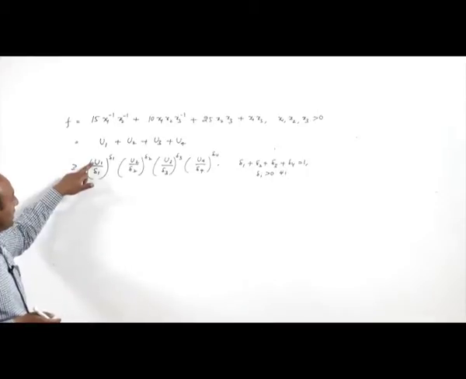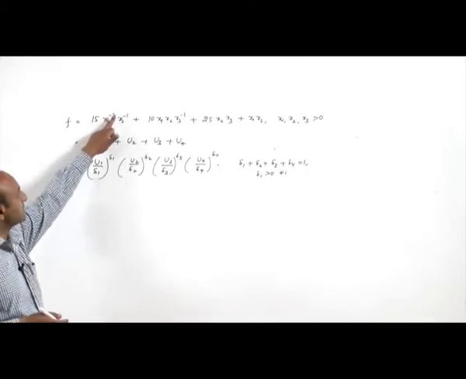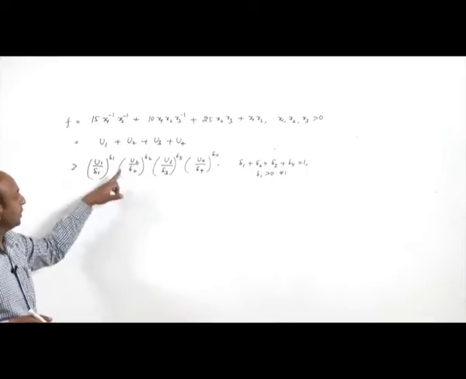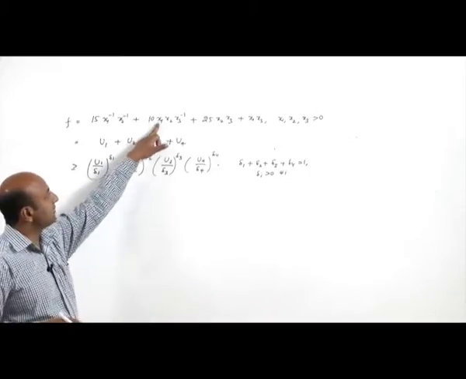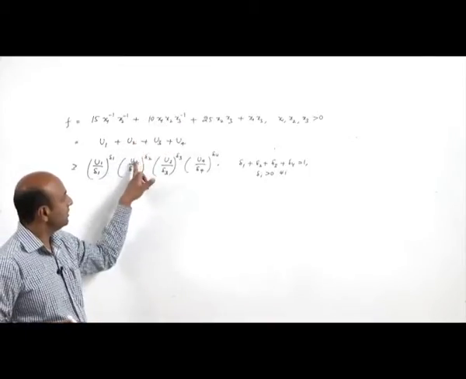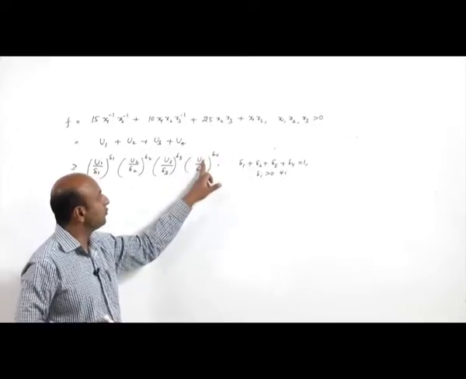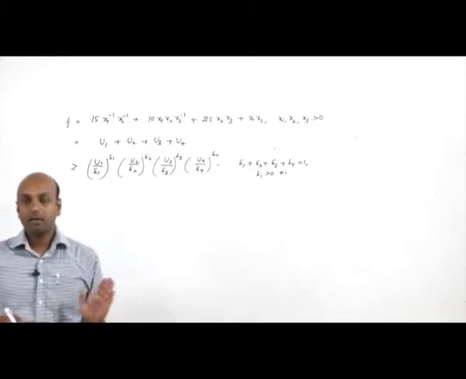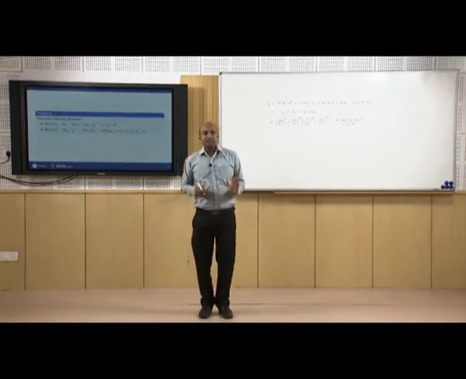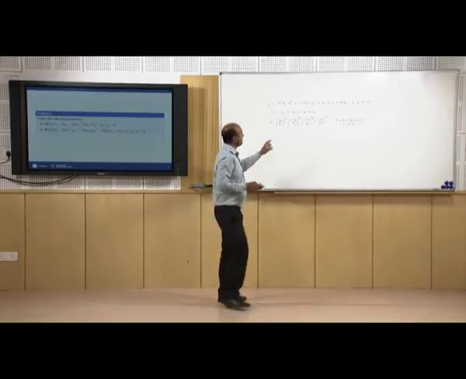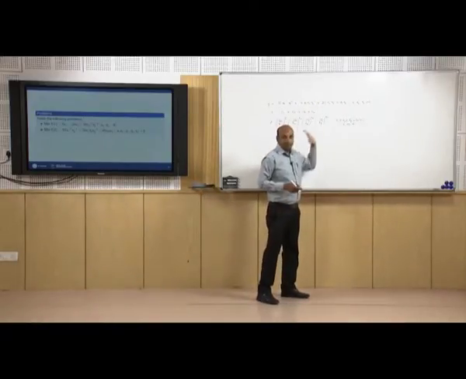Okay. Now, what is u1? u1 is 15 x1 raised to power minus 1 x2 raised to power minus 1, u2 is 10 x1 x2 x3 raised to power minus 1. Similarly, u3 is the third term, u4 is the fourth term. Now, how many variables are involved here? Here we have 3 variables x1, x2, x3.